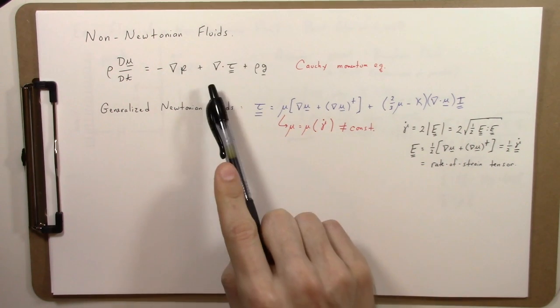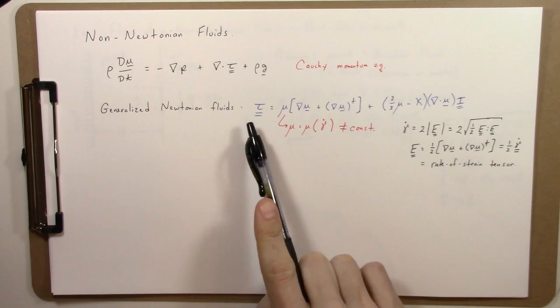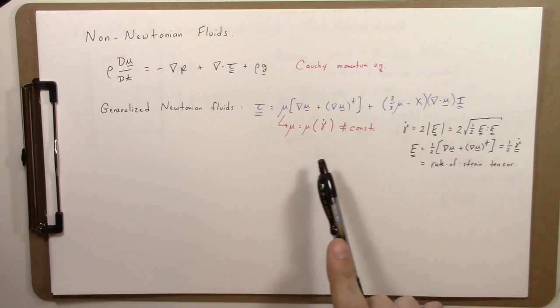The constitutive relations for non-Newtonian fluids can be extremely complex, so we're going to focus only on the class of generalized Newtonian fluids, for which the viscous stress tensor takes the form shown.